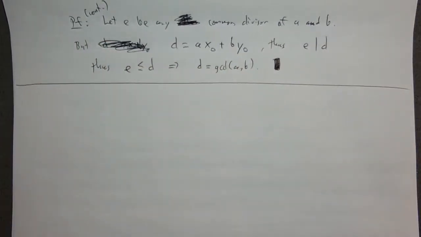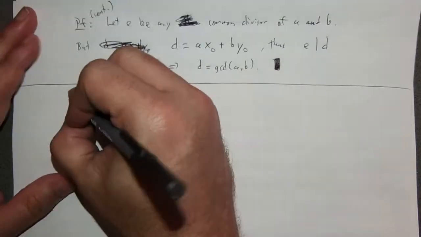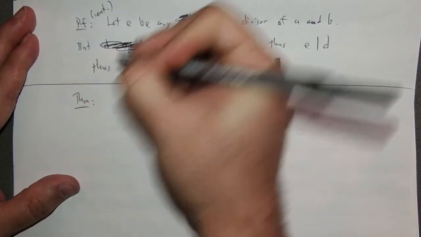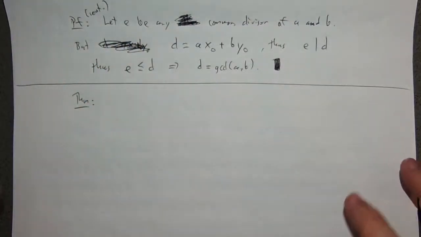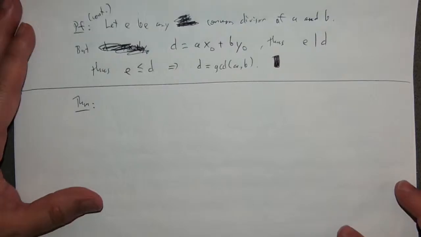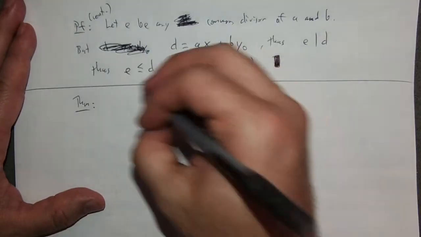Okay. Actually, I still have plenty of room on this sheet. So a quick theorem, and then I'll be done with this section after a few corollaries and some propositions that follow immediately from this fact. So let's state a quick theorem. I'm not going to give the proof. I will leave the details to you because it is very straightforward and it would be good practice for you anyway.